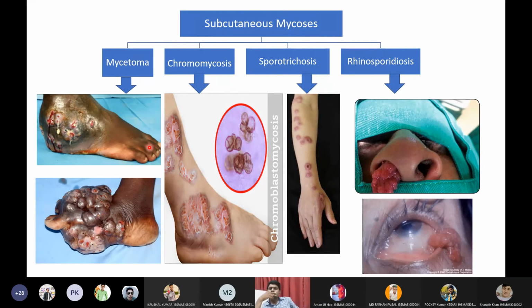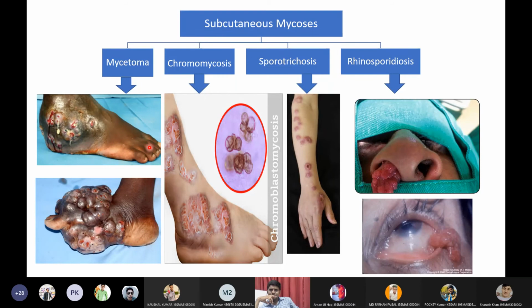Then what fungus is most prevalent in Tamil Nadu, in Madurai? Sir, mycetoma. And what fungus is more common in Sri Lanka and India?